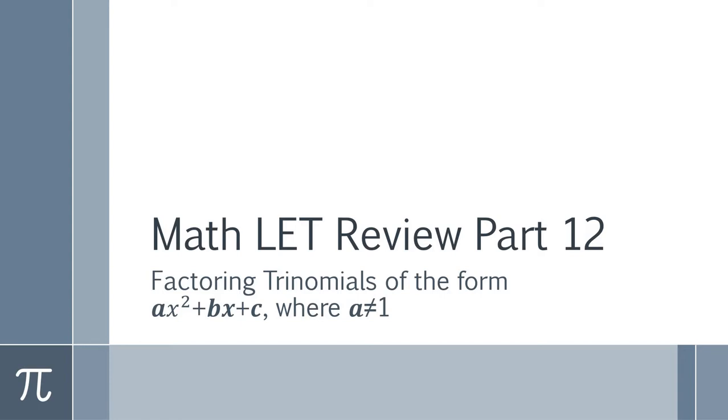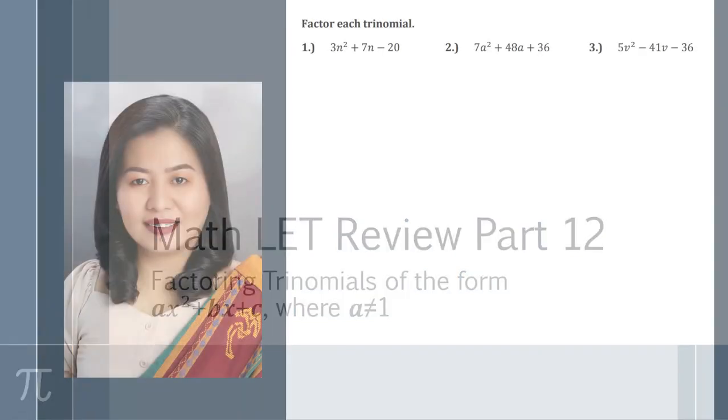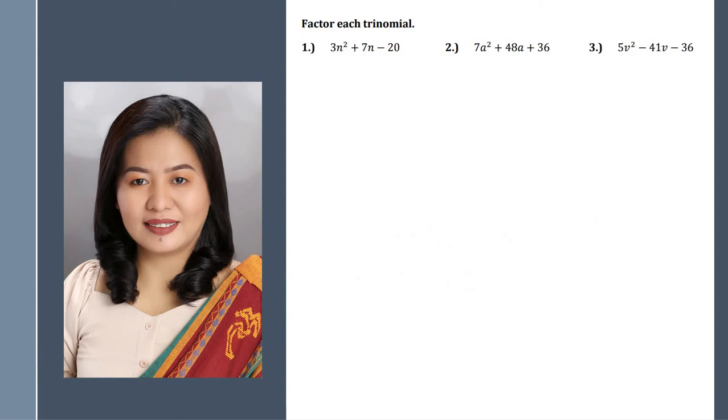So I'll be introducing to you how to factor trinomials with a non-one numerical coefficient for the first term using factoring by grouping. Okay, so as I said, we are going to apply factoring by grouping in factoring the given trinomials.